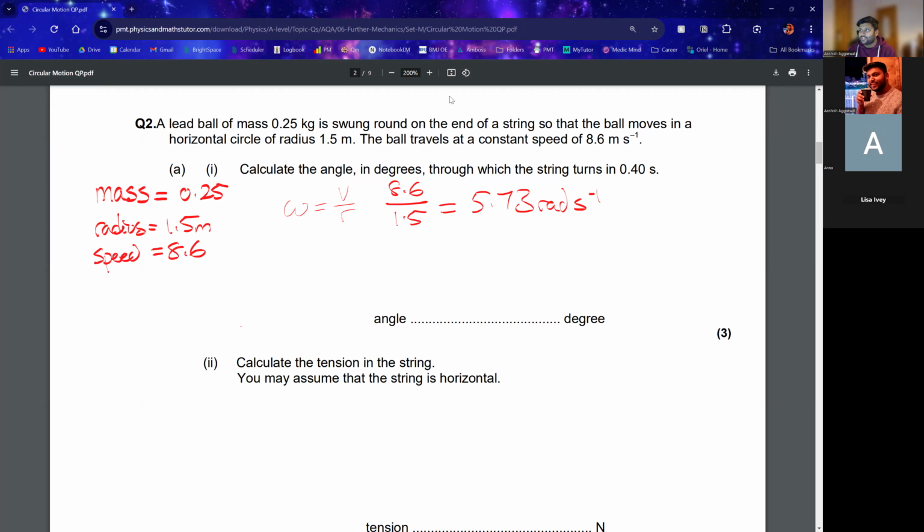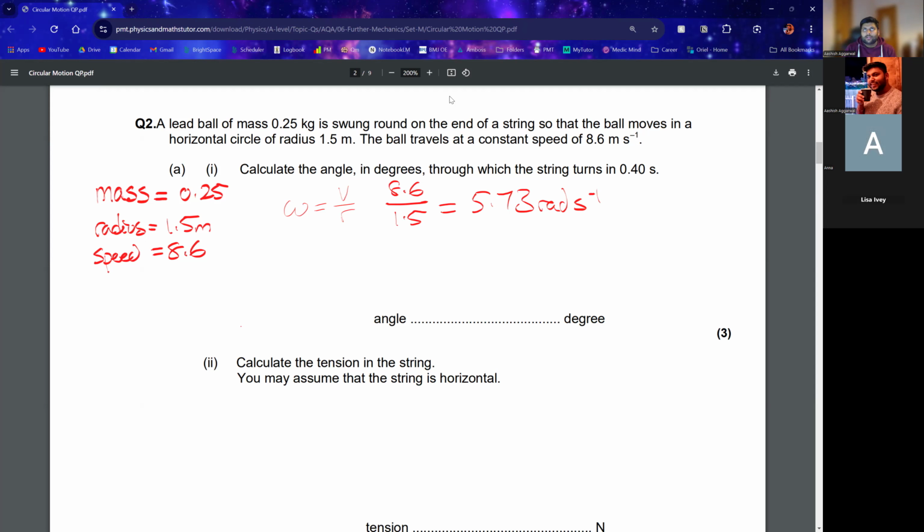So now with this speed, we can just do speed equals distance over time. This is our speed value. Distance is the angle that we want to work out, and we're going to stick to radians and convert later.